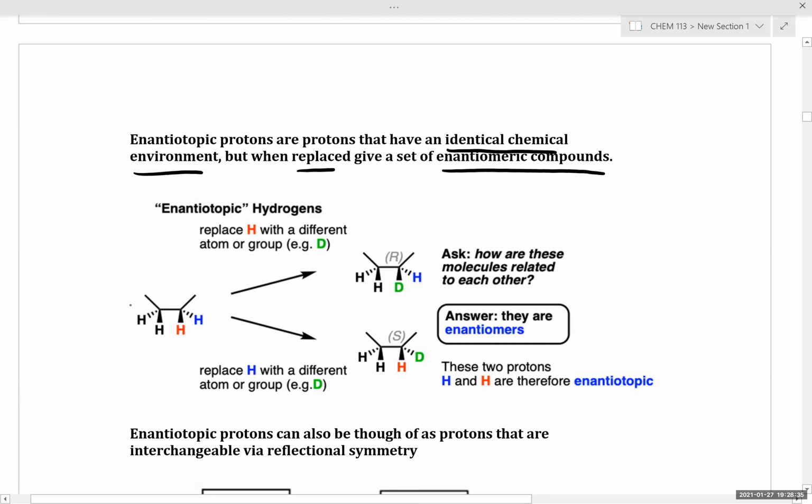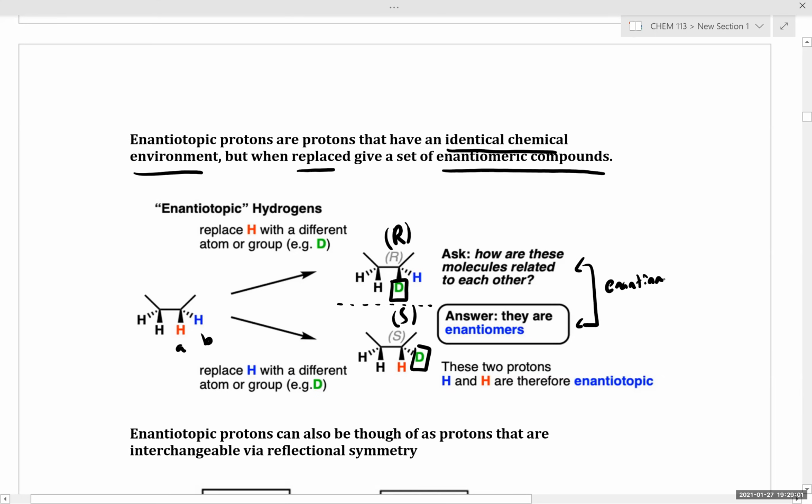For example, looking at the following compound, we have 2 protons, A and B. If we replace these 2 protons, we notice that the configuration at our stereocenter are exact opposites. These 2 structures are non-superimposable mirror images, and we call these 2 structures enantiomers.